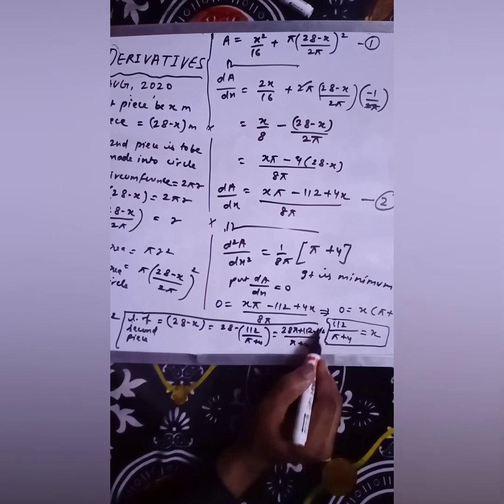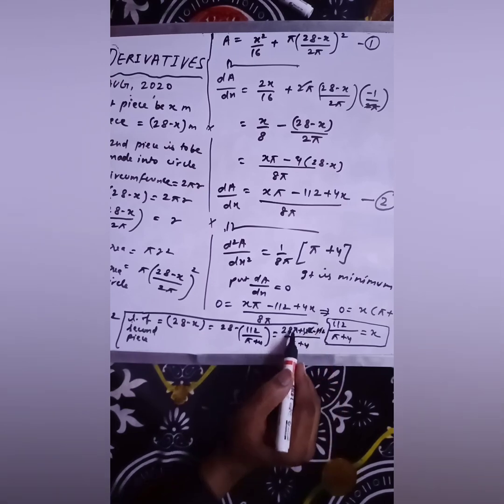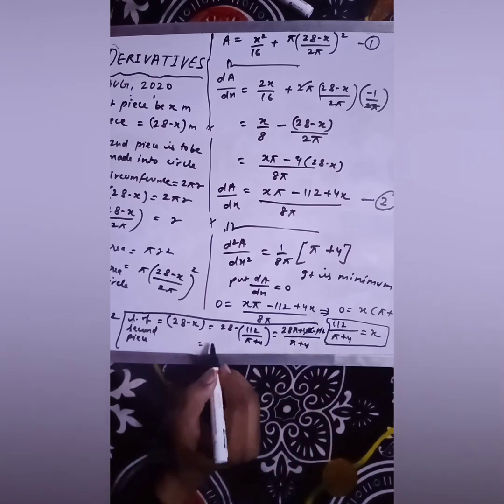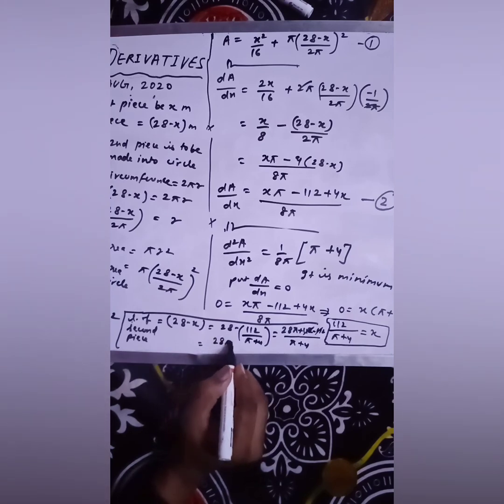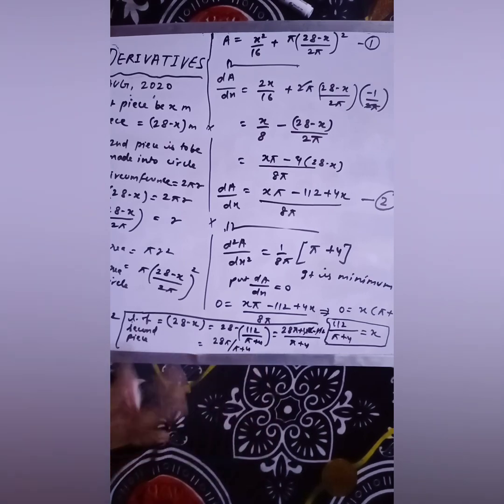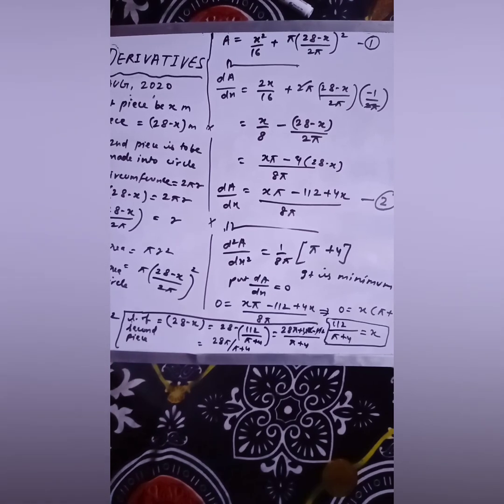So this and this will cancel out and you will get 28 pi by pi plus 4. So this is the length of the second piece. The final answer is 28 pi by pi plus 4. So this is how you can solve this question. Just due to lack of space I'm writing here.